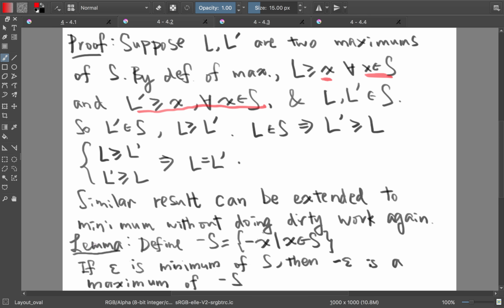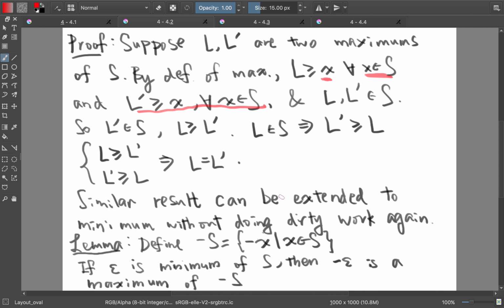The lemma says that if we define negative S as this set, which is simply taking a minus sign to the elements of S, and if epsilon is a minimum of S, then negative epsilon is a maximum of negative S.